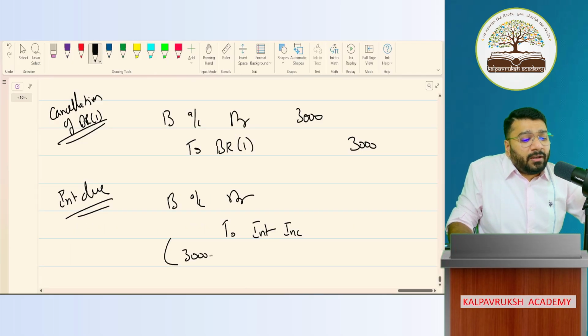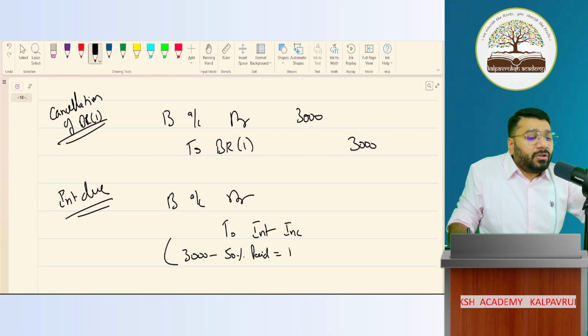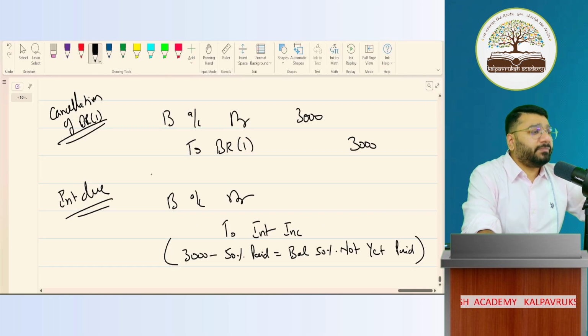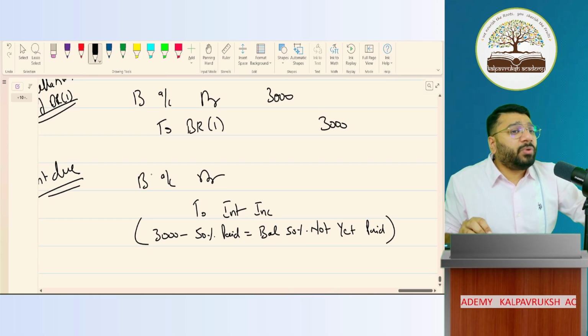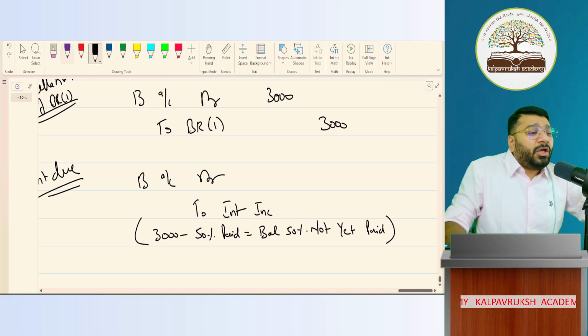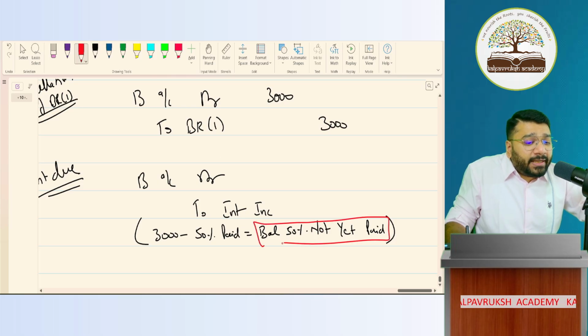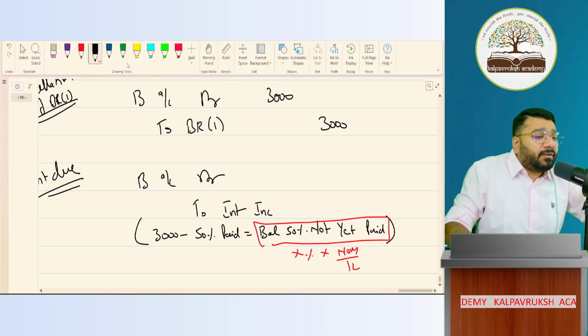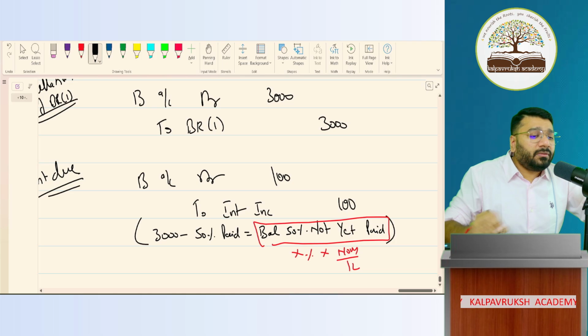So 3,000 minus 50% paid, so the balance is 50% not yet paid. Interest is given already. How much? Had they given a percentage in this question, you would apply the percentage on the balance 50% not yet paid, into the interest amount, into number of months by 12. Lucky for you, in this question, interest is already given.